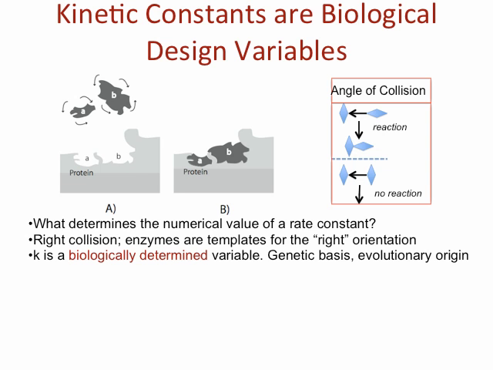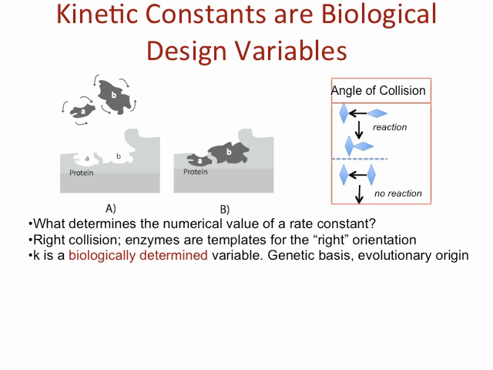The surface of that protein is genetically determined and in an abstract way has information in it about the right angle in which these molecules should bounce off one another to have a reaction take place.